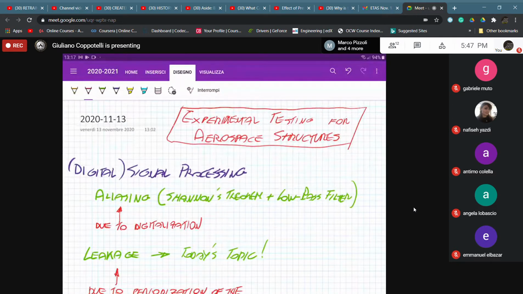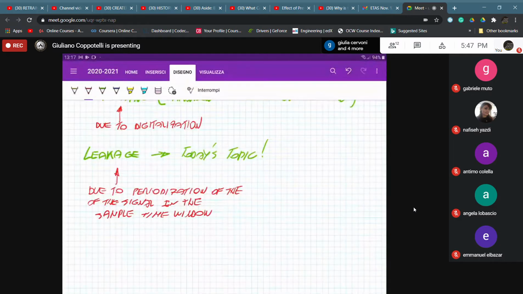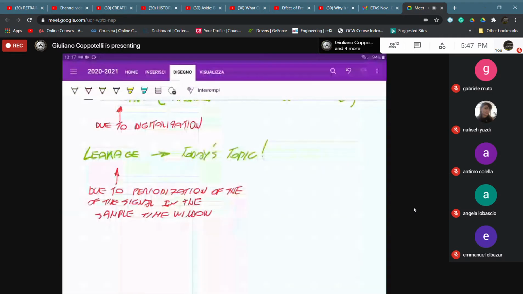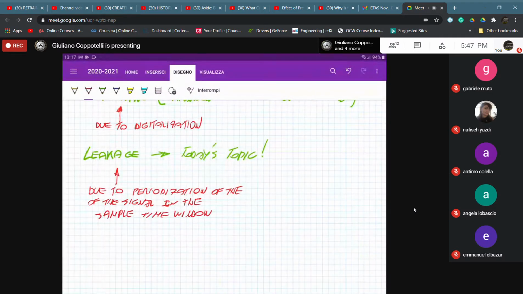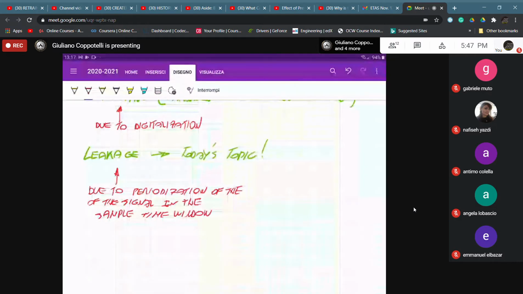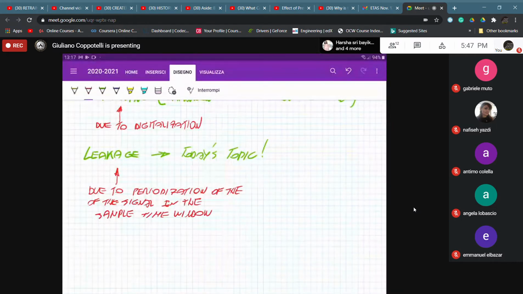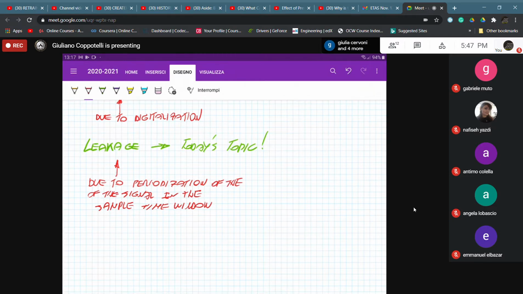Then we introduced the leakage. The leakage is due once again to the periodization of the signal in the sample time windows. We saw some example problems, some very nice pictures last class on Tuesday, and we found out that because you are moving from the time to the frequency domain, you are assuming that you are taking the Fourier transform of your signal.